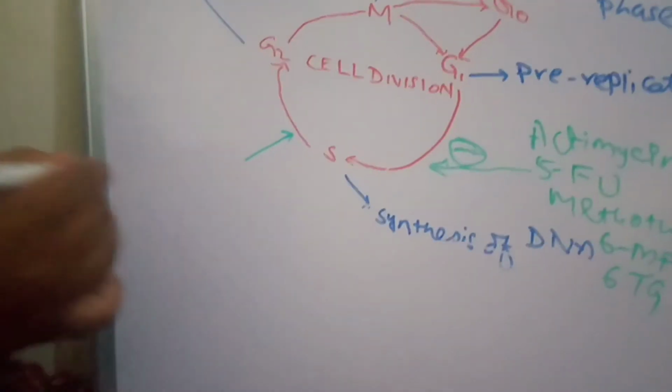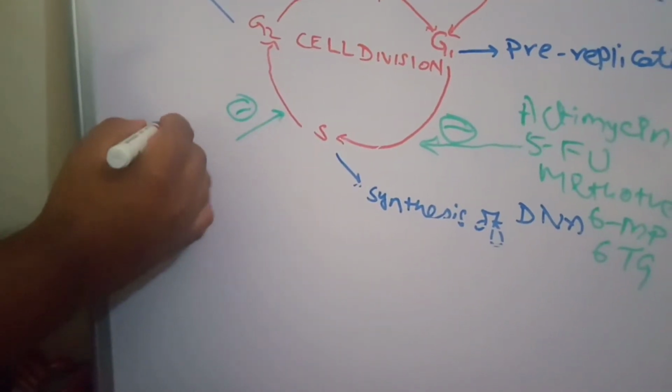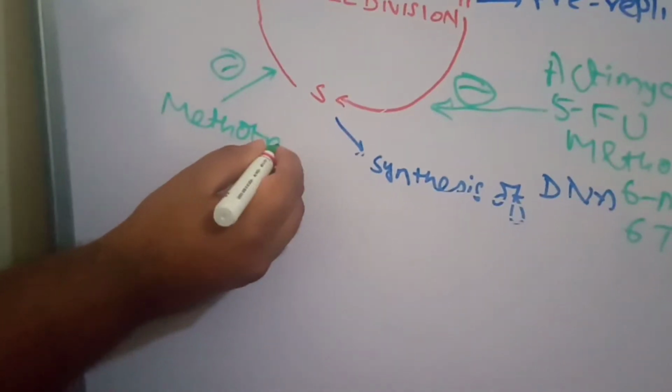During the process of synthesis of DNA, drugs like purine antagonists such as methotrexate also act.